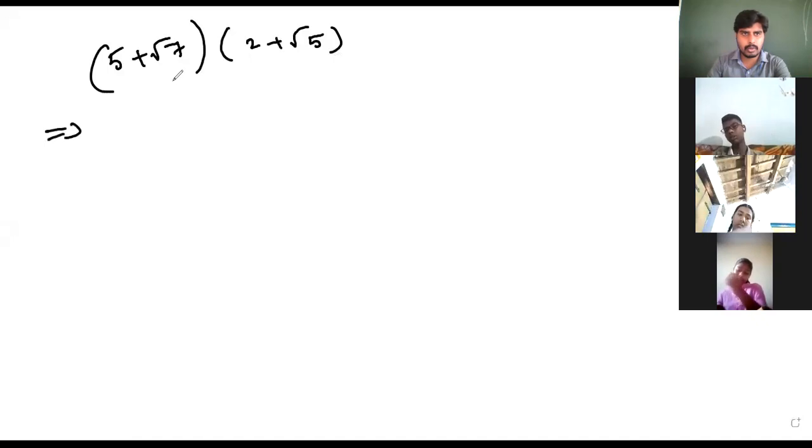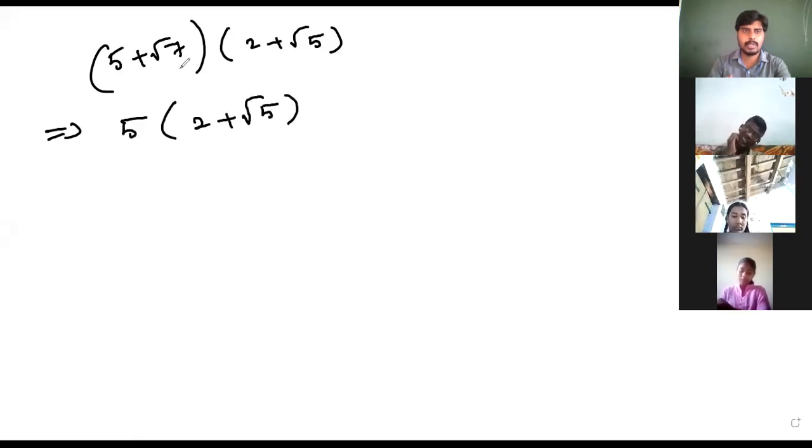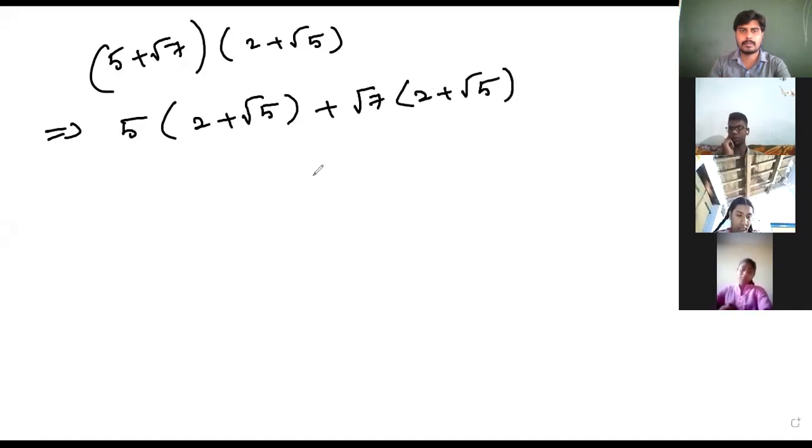These are two irrational numbers, right? This is an irrational number. This is also an irrational number. It is a product of two irrational numbers. So take 5 into (2 plus root 5). I'm taking the multiplication between these two. By 5, I'm multiplying (2 plus root 5), and plus root 7 as it is, into (2 plus root 5).